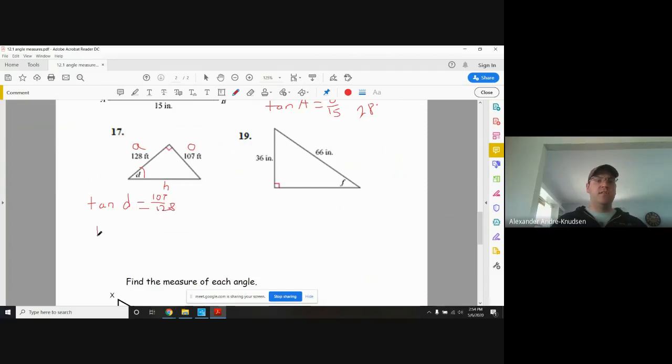And now we use our inverse tangent to find the angle measurement. Of 107 over 128. And the inverse tangent of that is about 40 degrees.